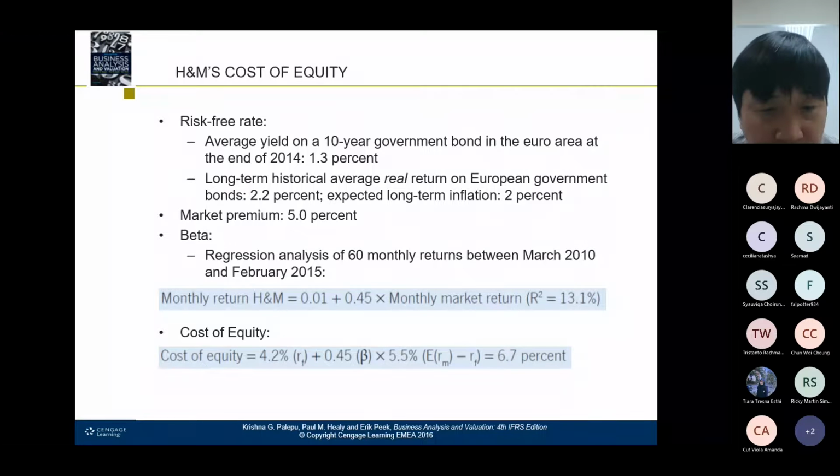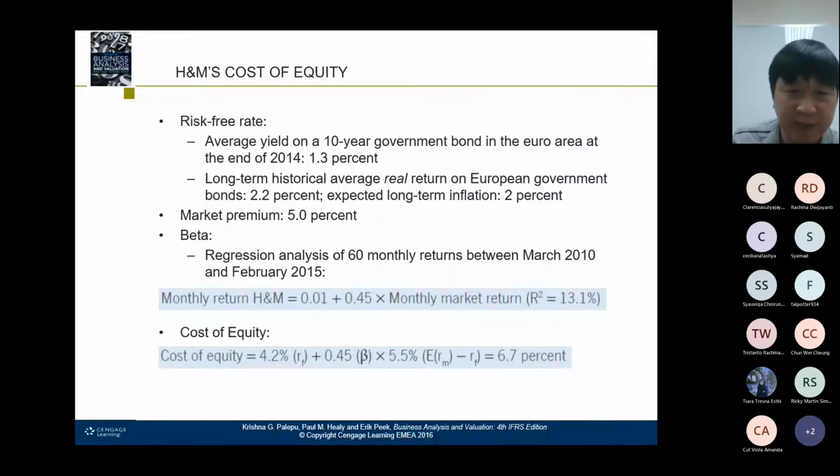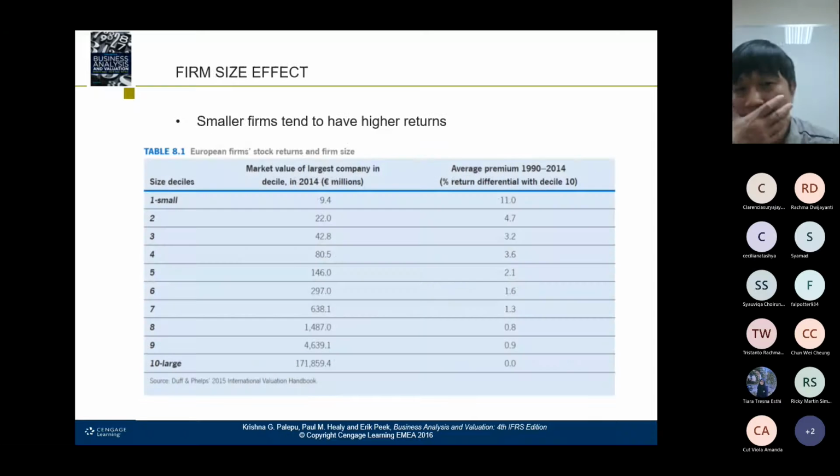You have 0.45. So you input all available numbers into the formula, and you can get a cost of equity of roughly 6.7%.